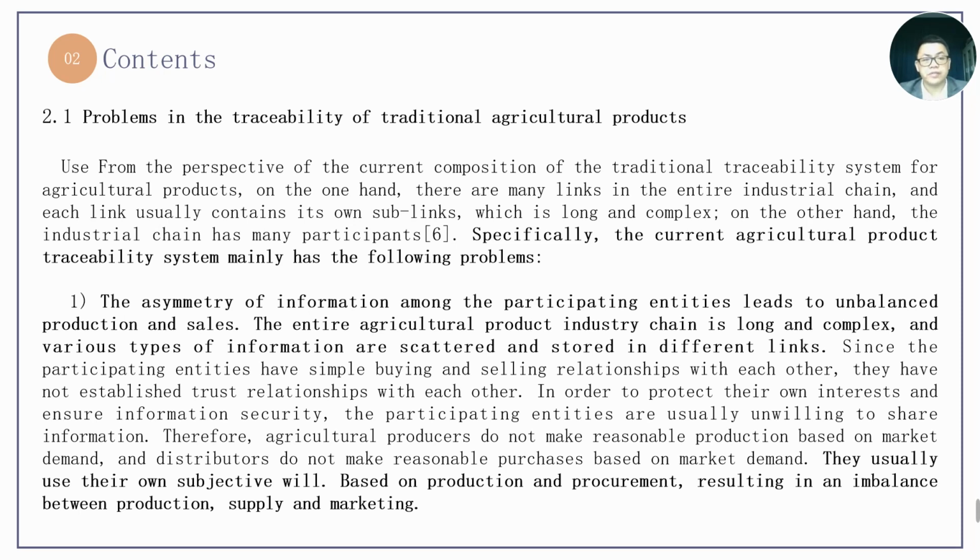Specifically, the current agriculture product traceability system mainly has the following problems: the asymmetry of information among the participating entities leads to unbalanced production and sales. The entire agriculture product industry chain is long and complex, and various types of information are scattered and stored in different links.